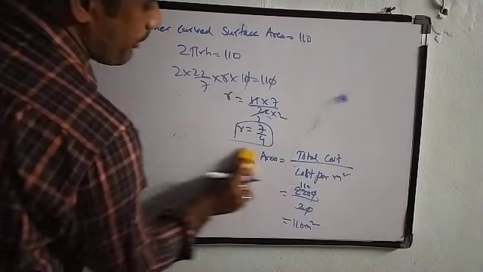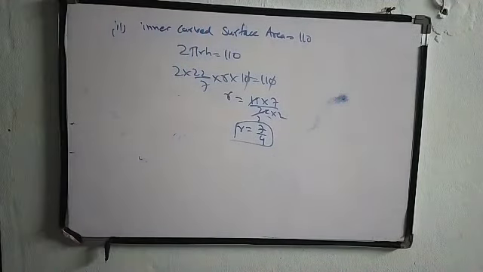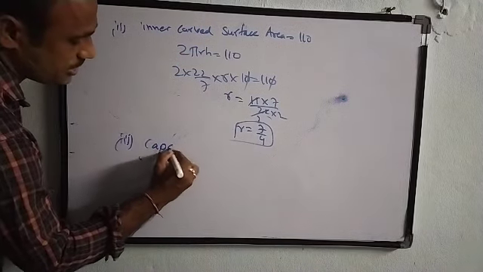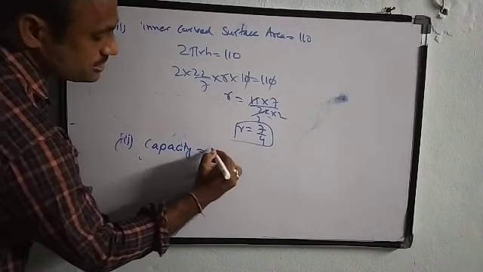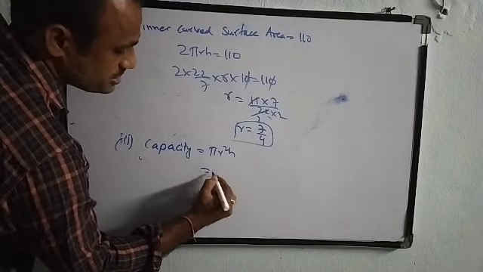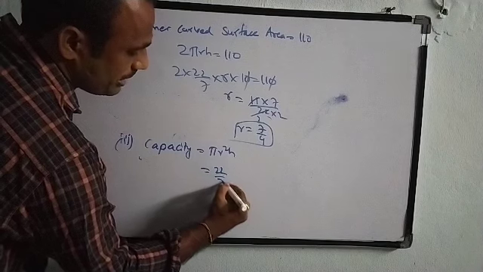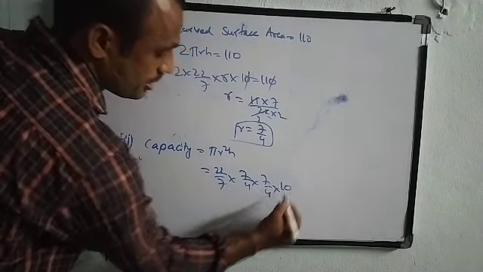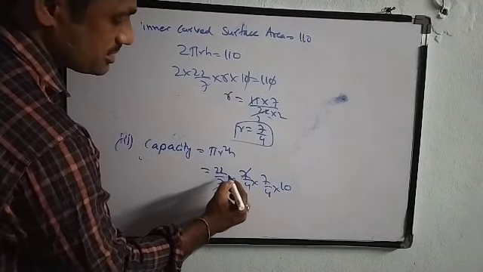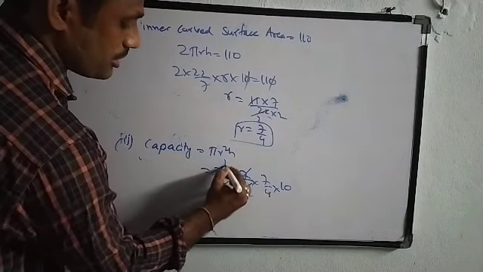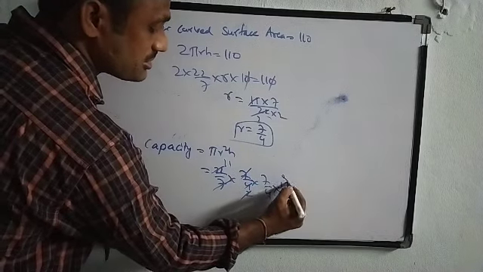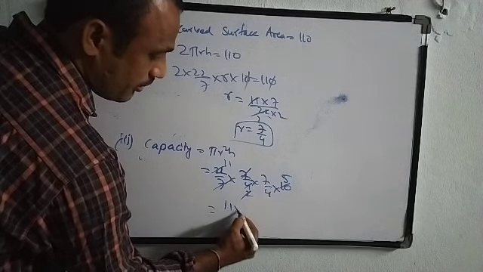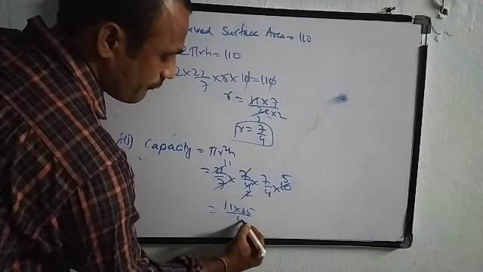The next is asking the capacity. So third one is capacity. So capacity in the sense of volume. So volume formula is pi R square H. That is 22 by 7 into 7 by 4 into 7 by 4 into 10. So 7 gets cancelled. 2 2s, 2 11s, 2 1s, 2 5s. So it is 11 into 35 by 4.